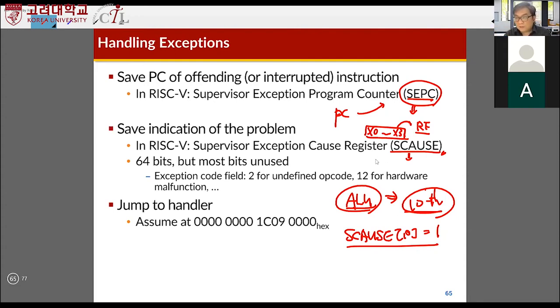If a processor decodes the value of SCAUSE, then the processor can know why the exception happens and what the cause of this exception is. So this special hardware is included for handling exceptions, and the remaining procedure is very similar to the procedure call in the processor.